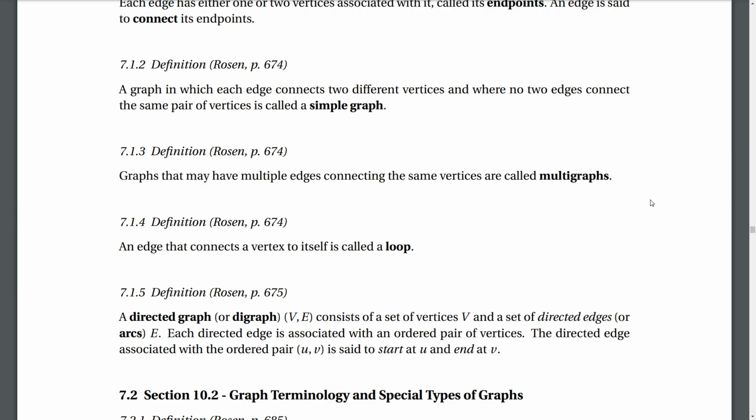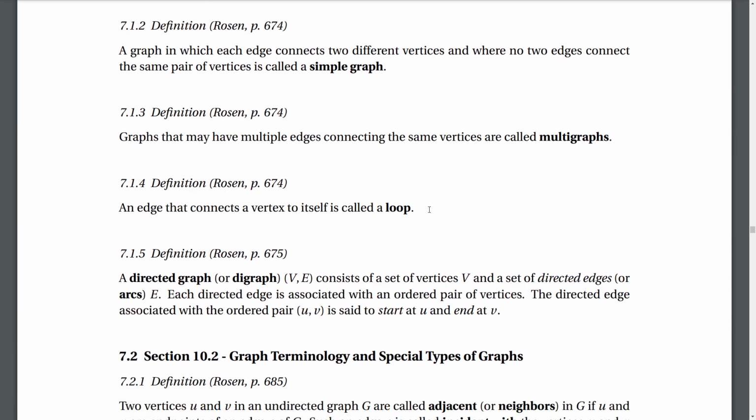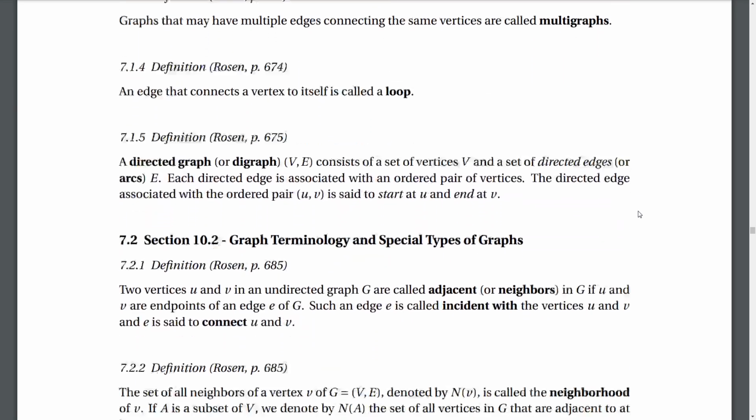So if you do allow that redundancy, where multiple edges can connect the same two vertices, then that's called a multigraph. Okay. We've discussed loops already, and so if an edge connects a vertex to itself, then it's called a loop.